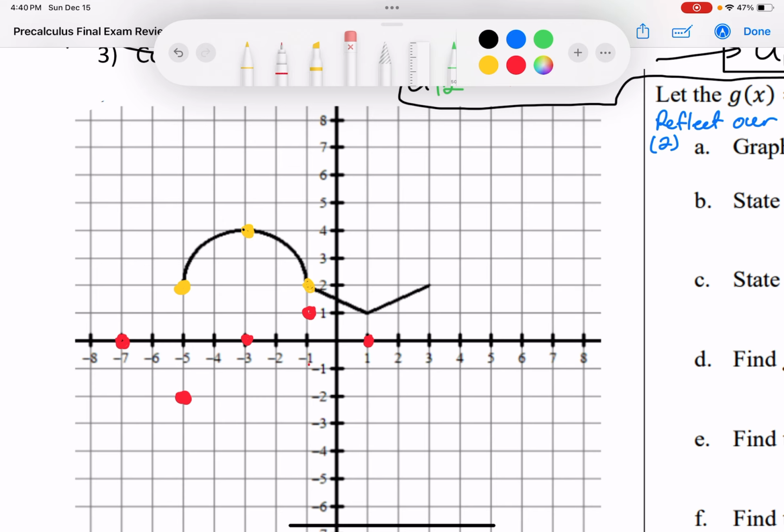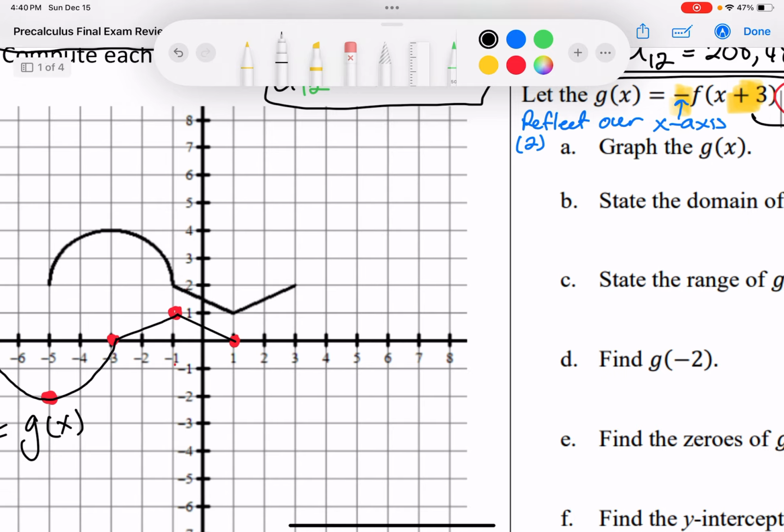So now I'm going to erase the yellow points. And we're going to sketch this function to the best of our abilities. And there we go. This is g of x. All right, that took too much time, in my opinion.